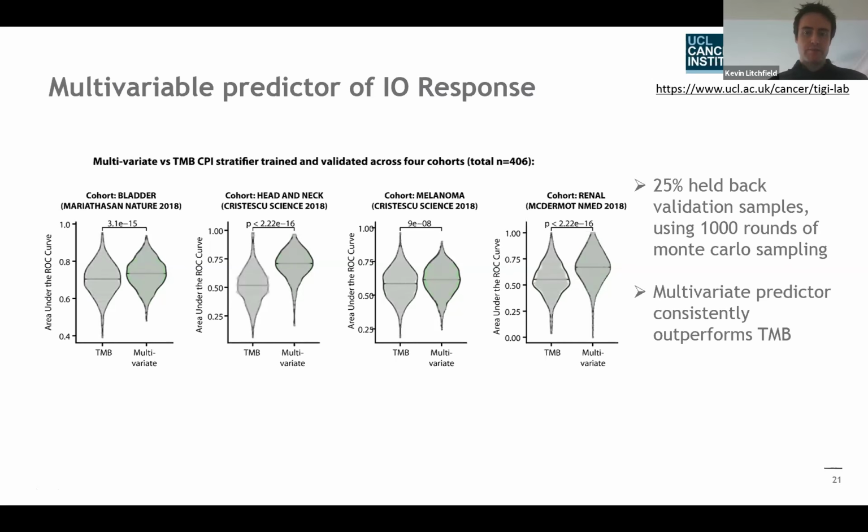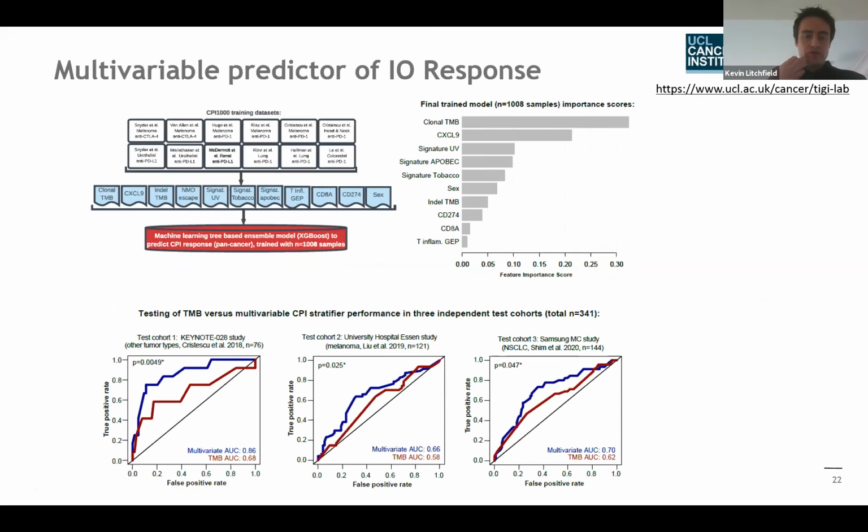significantly outperformed TMB. And then we moved to make a final model that was trained in all of the tumor types in the study, the 1,000 patients, using the set of biomarkers that were significant in the first analysis, with the feature scores fitted.